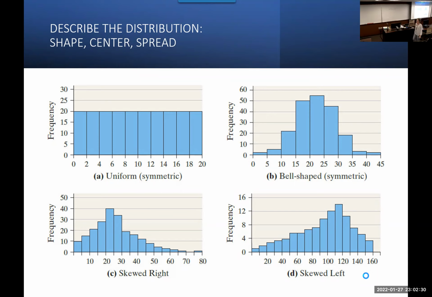So for a skewed right distribution, that's an example of average house prices. Okay, so if you think about home prices, all right, you've got home prices that are gonna start out low.